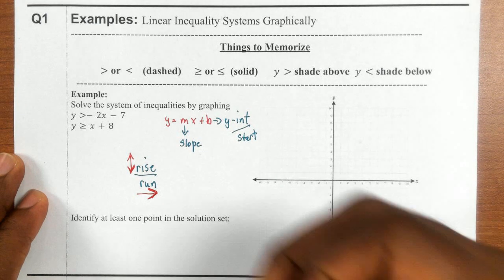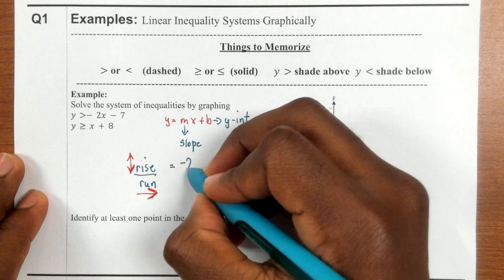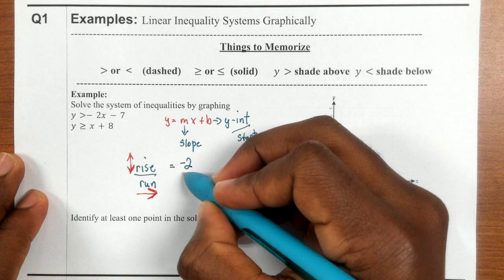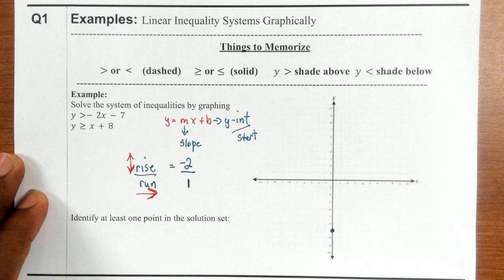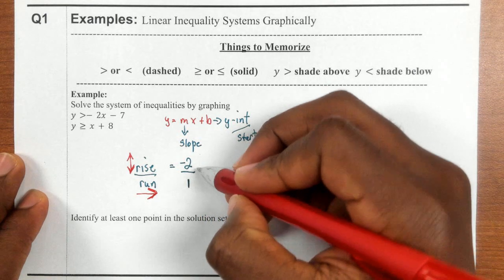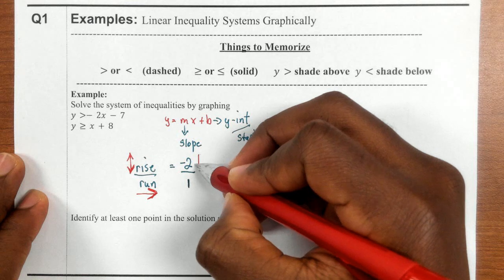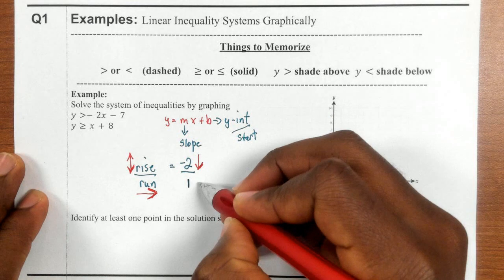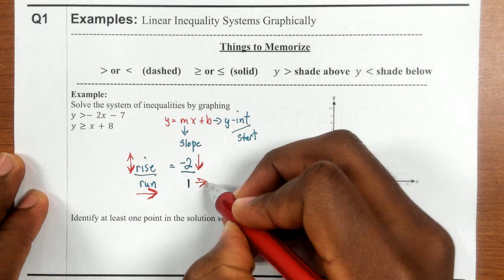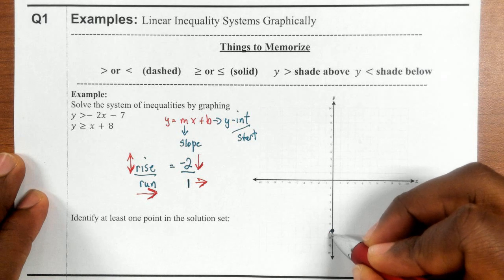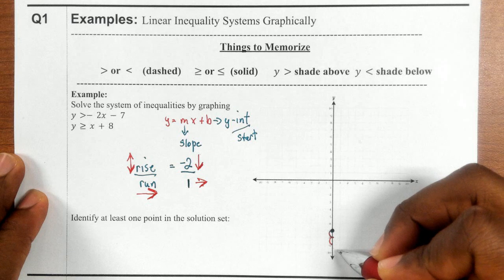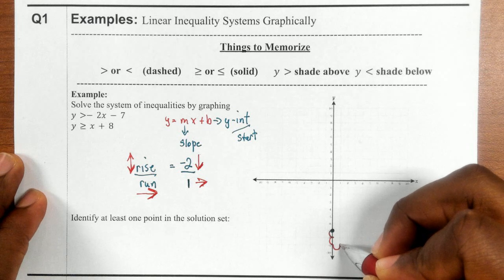So when you see a -2, that -2 has a denominator, and that denominator is a 1. Because the -2 is at the top, that means you're going to go down 2, and then go to the right once. So I'm going to start here, go down 1, 2, then to the right once.